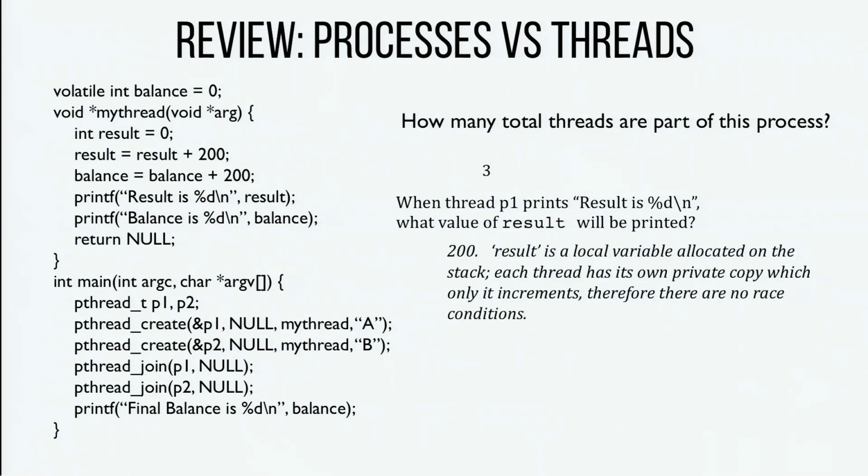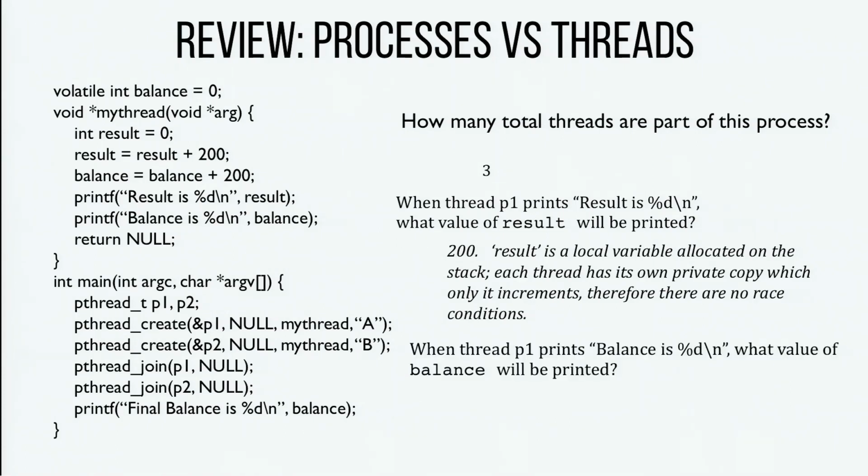Every thread has its own copy of result. It's allocated on the stack. So each of them just very nicely increments result by 200, and that's completely deterministic. No race conditions, nothing bad about that at all. So that one was fine.